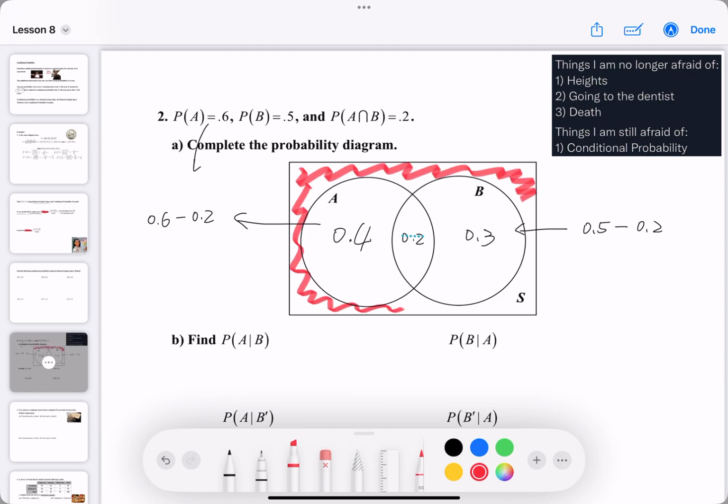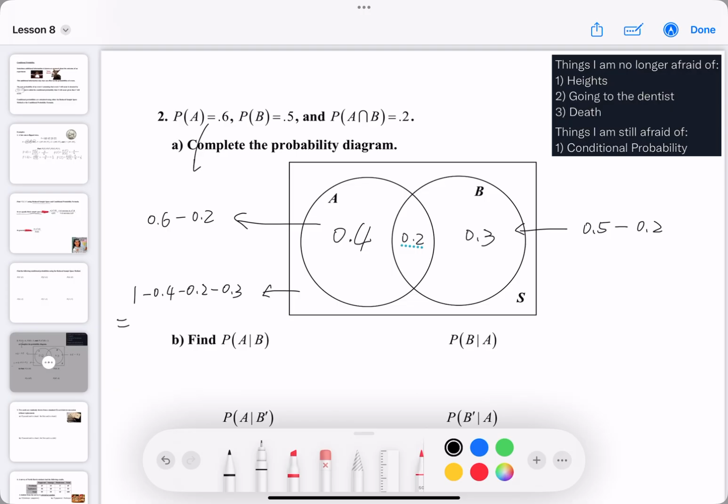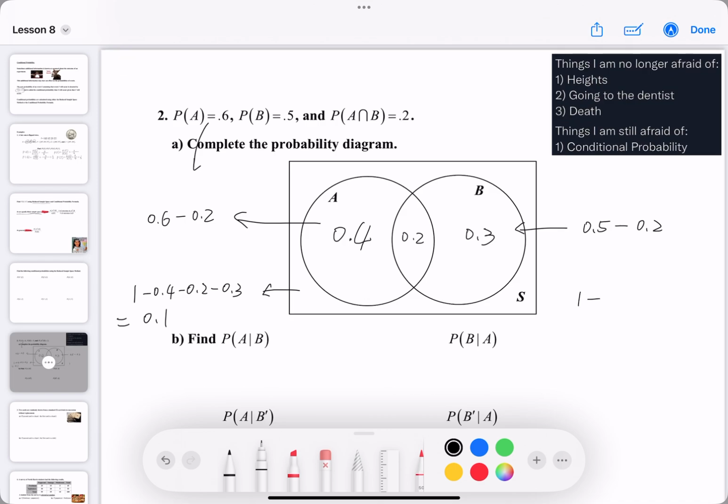I'm going to use 1 minus 0.4 minus 0.2 minus 0.3. It equals 0.1. Okay, we almost found everything. You can also use the formula, which is 1 minus P of A or B. We have the same solution.